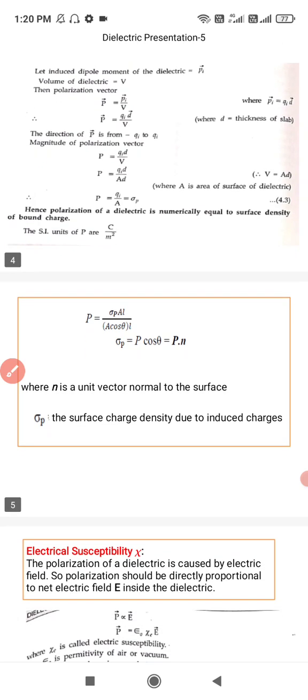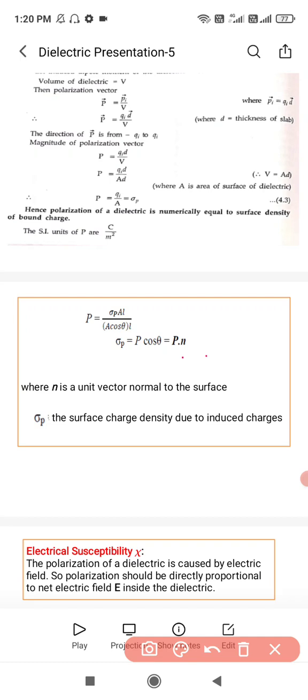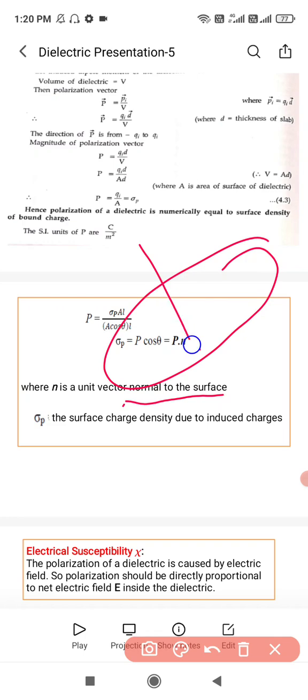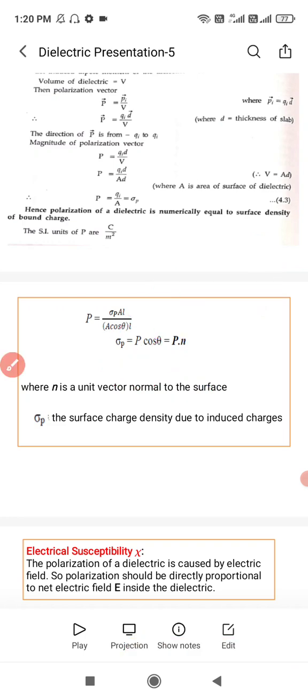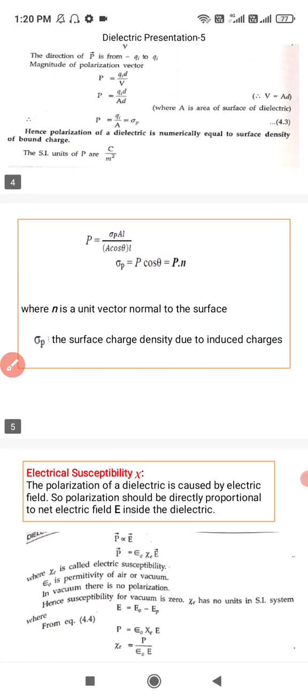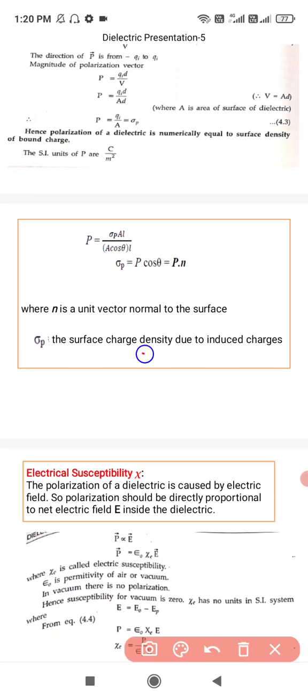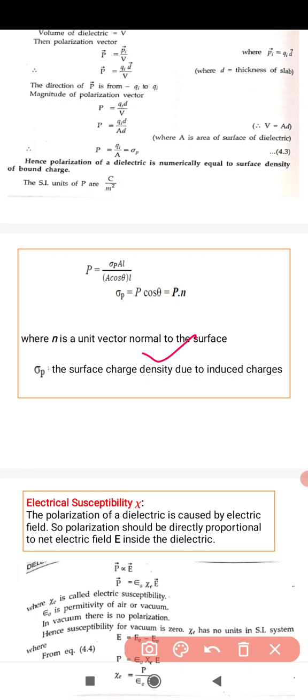The cos theta is represented as the unit vector, P dot N. Here N is the unit vector normal to the surface of the dielectric material, perpendicular to the material. Sigma P is the surface charge density due to the induced charges.